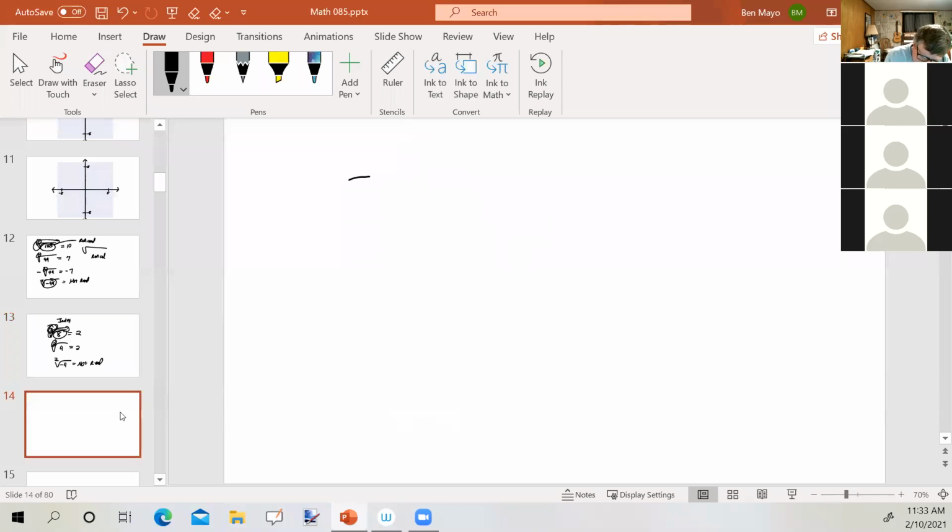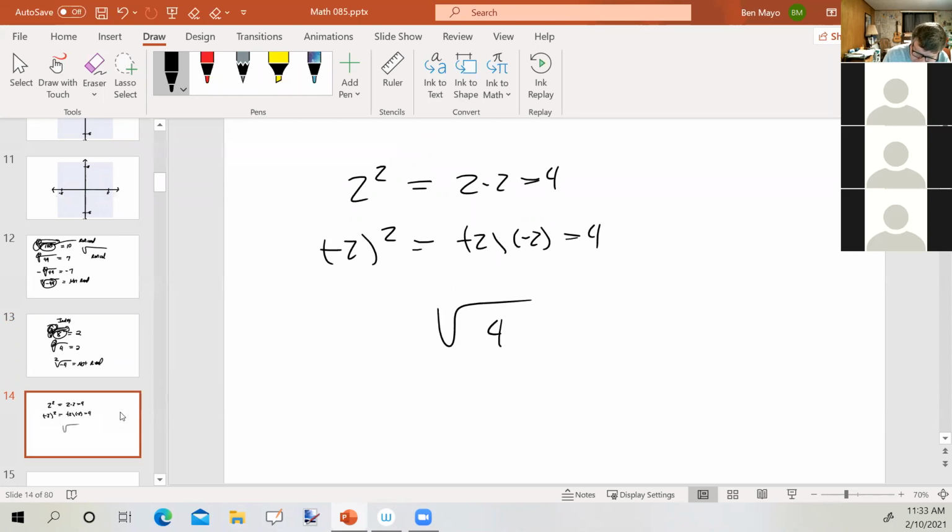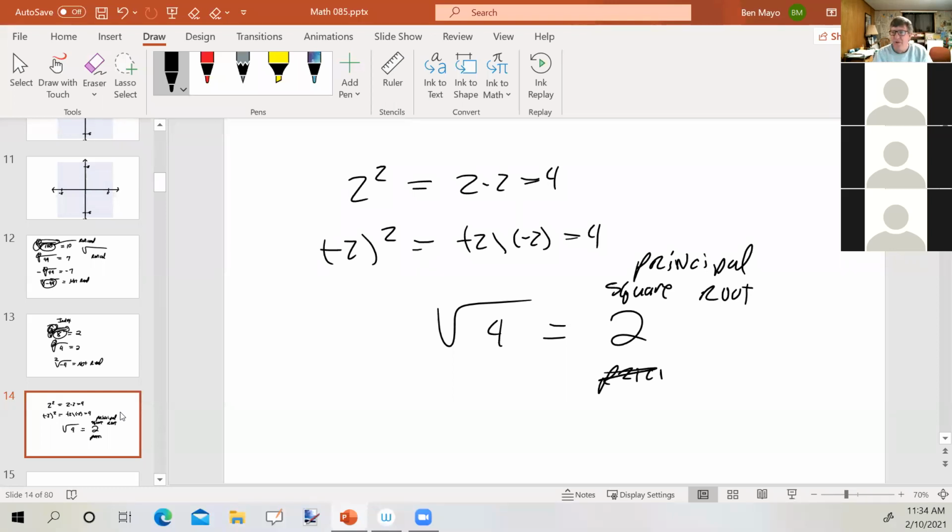Also, what's 2 squared? Well, that's 2 times 2, which is 4. What's negative 2, the quantity squared? That's negative 2 times negative 2, which is also 4. But when you take the square root of 4, you only get the positive root, which is called the principal root. In this case, the principal square root. So 2 rules.